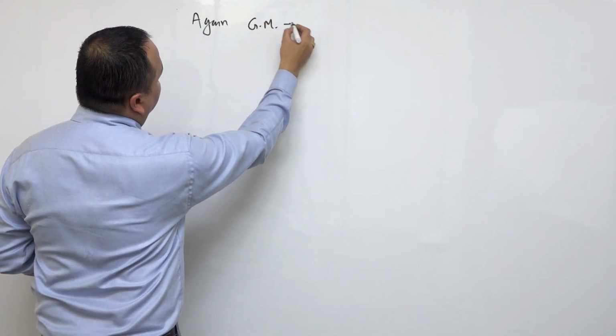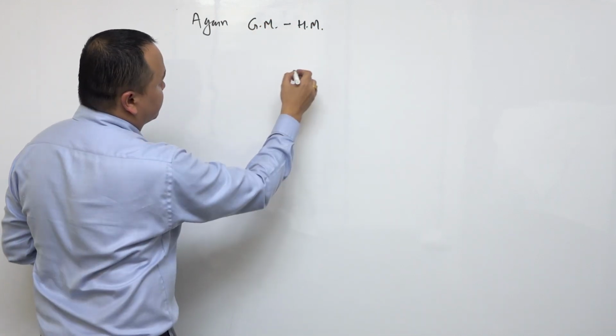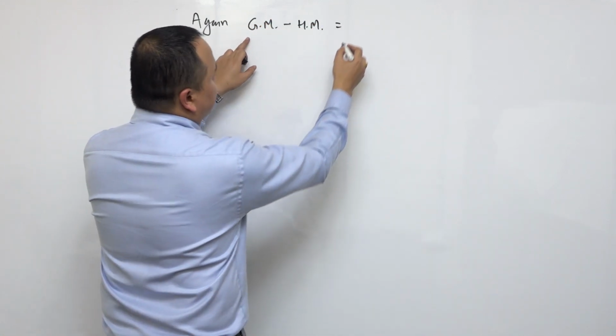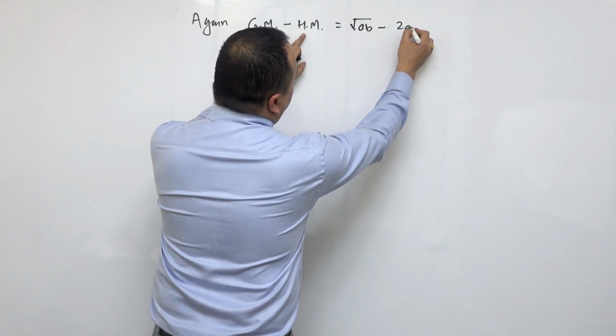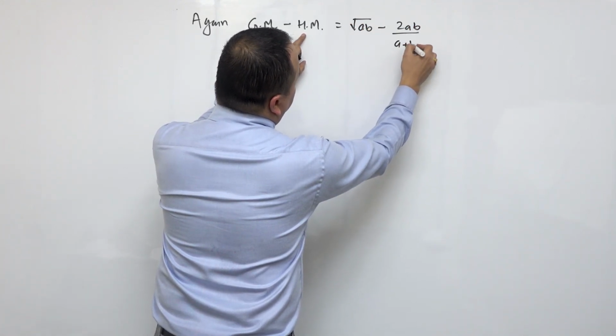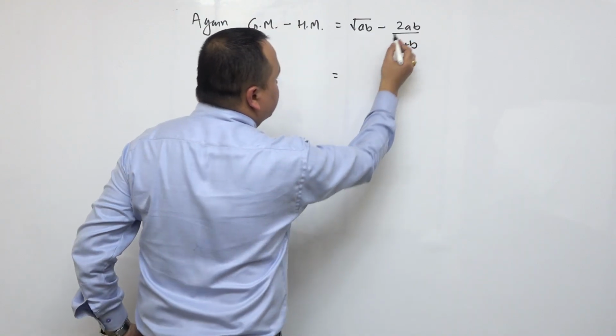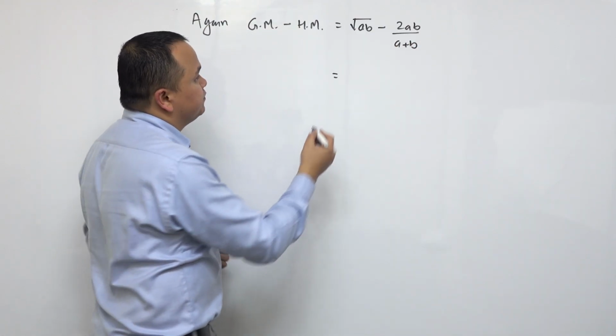GM minus HM. We have GM root AB minus HM 2AB upon A plus B. Here root AB is common.